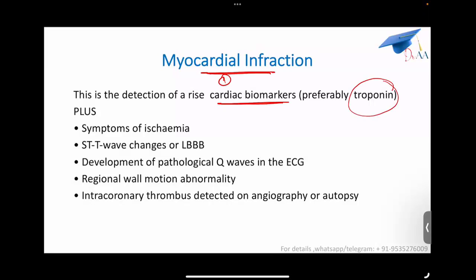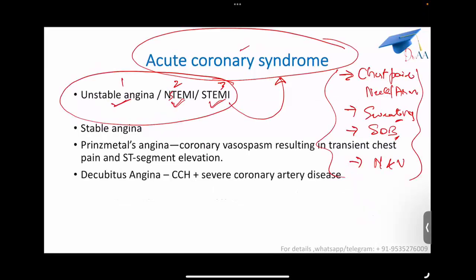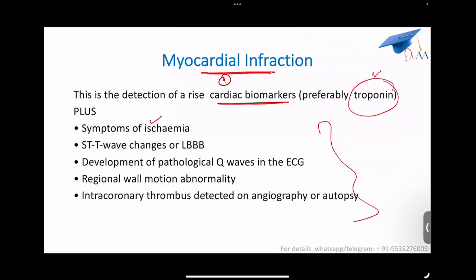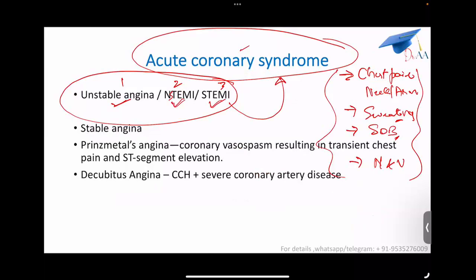So troponin I, one of the cardiac biomarkers, should be elevated, plus one of the following should be present. There might be symptoms of ischemia, like we discussed here, or there might be ECG changes, which we'll be talking about. There might be echo changes, or it might be on the angiography, which we are not bothered much about. Any one of the following can be present, and we call it myocardial infarction.